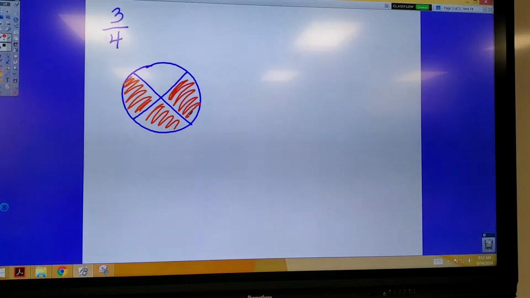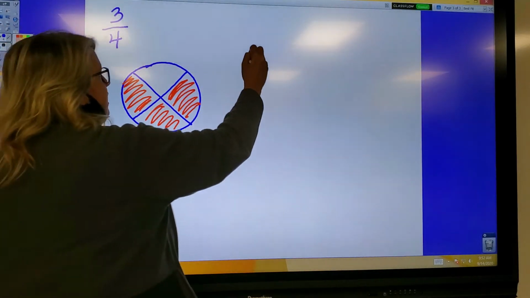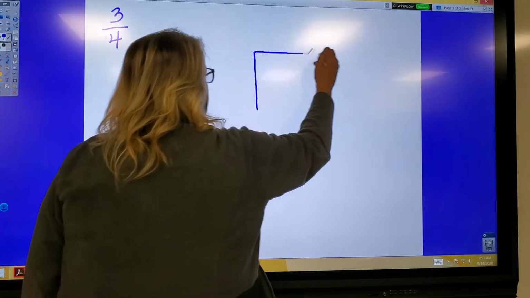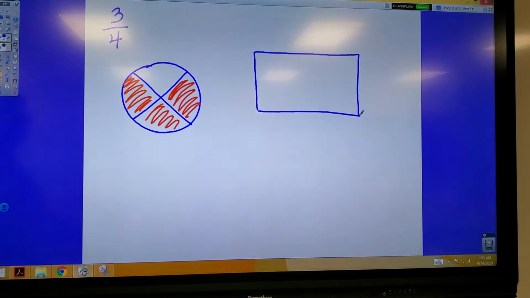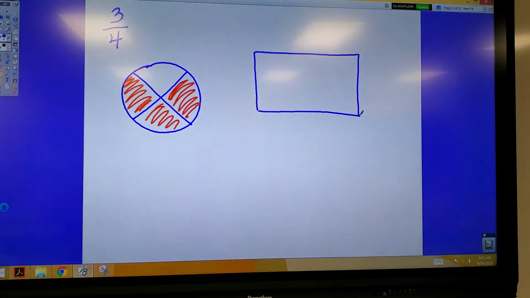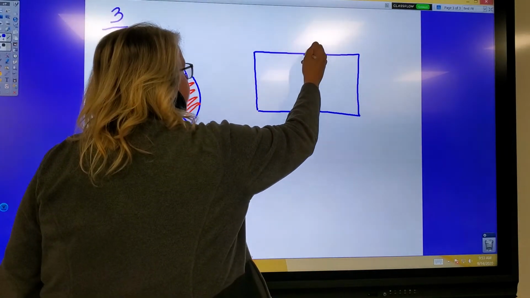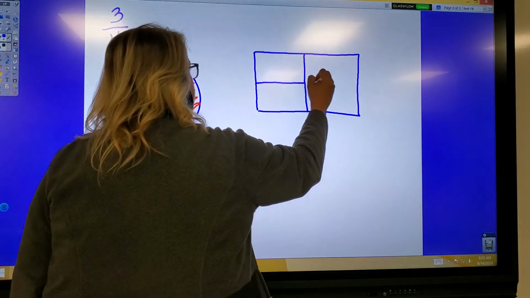Now, a lot of times you will see circles used to represent fractions, but you can use other shapes as well. You could use a rectangle. And we said, again, it's super important that we want 4 total pieces, and that they need to be the same size. So it's gonna be your choice. You could break it in half vertically, and then break it in half horizontally.